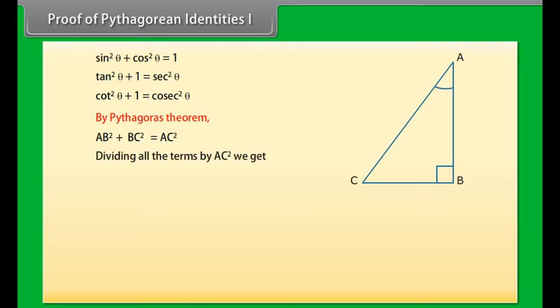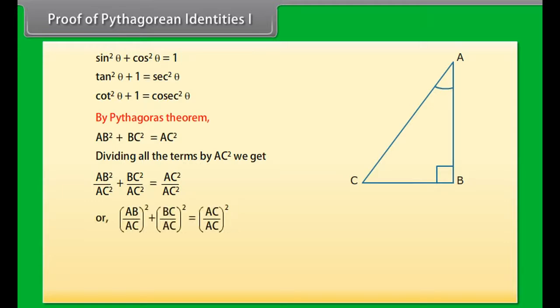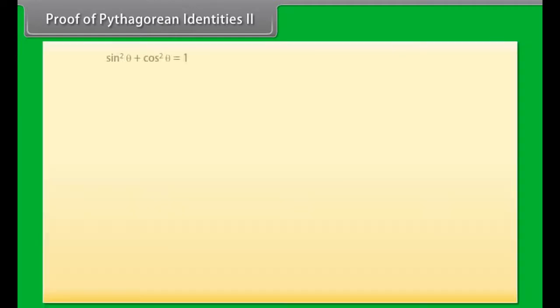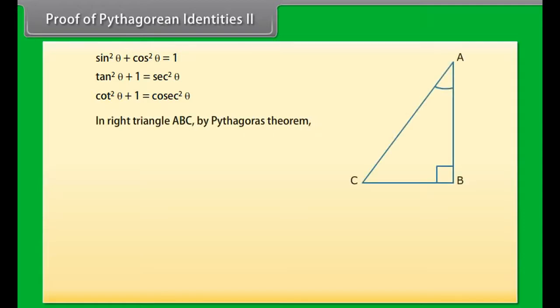Now we will prove one Pythagorean identity and use it to prove other identities. For that we take a right-angled triangle ABC. By Pythagoras theorem, AB square plus BC square is equal to AC square. Now dividing each term by AC square we can write it as (AB upon AC) whole square plus (BC upon AC) whole square, which equals (AC upon AC) whole square.